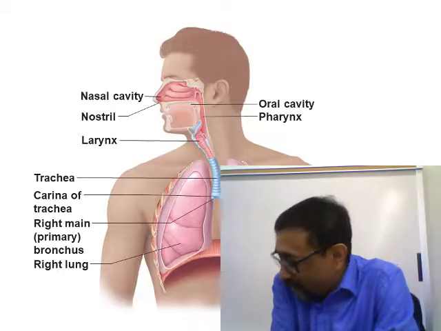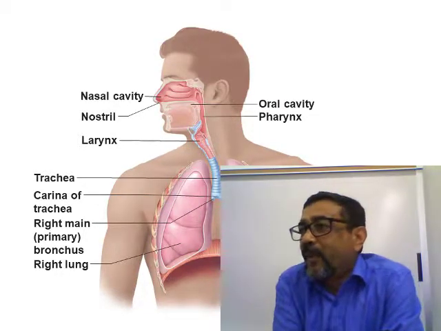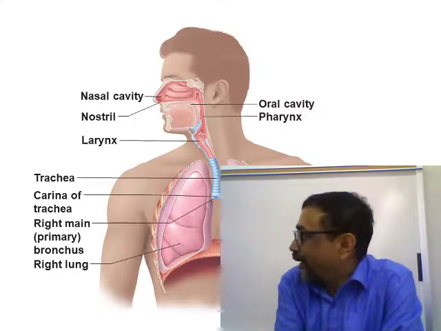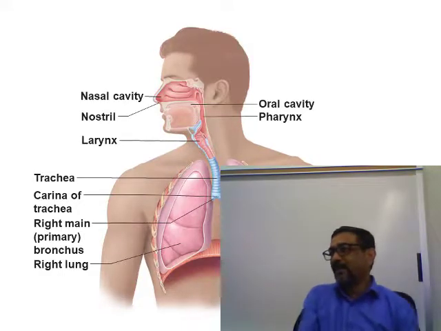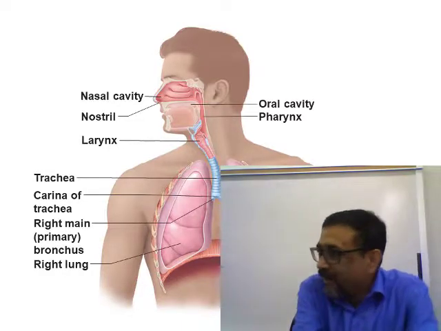Here you see those structures I have mentioned. Now, as I have mentioned, primary bronchi or main bronchi are two, right and left. The right primary bronchus enters into the right lung, the left primary bronchus enters into the left lung, and then they divide.